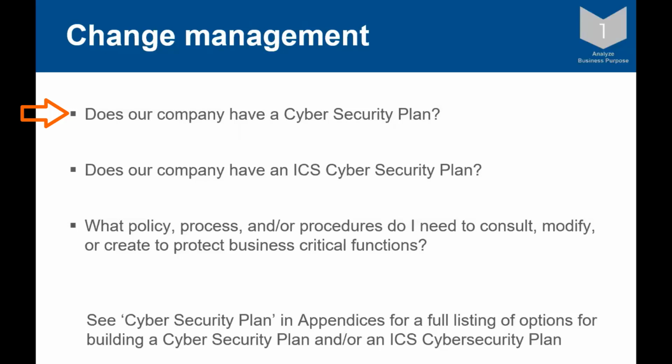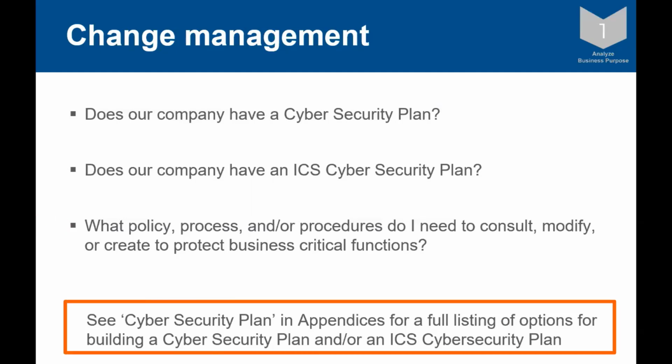Oftentimes companies will have a cybersecurity plan or an IT cybersecurity plan, but can they answer the second bullet? Does our company have an ICS cybersecurity plan? And the third bullet, what policy, process, and procedures do I need to consult, modify, or create to protect business critical functions?